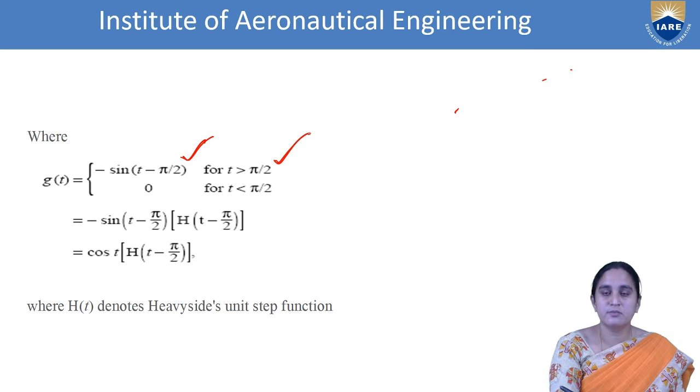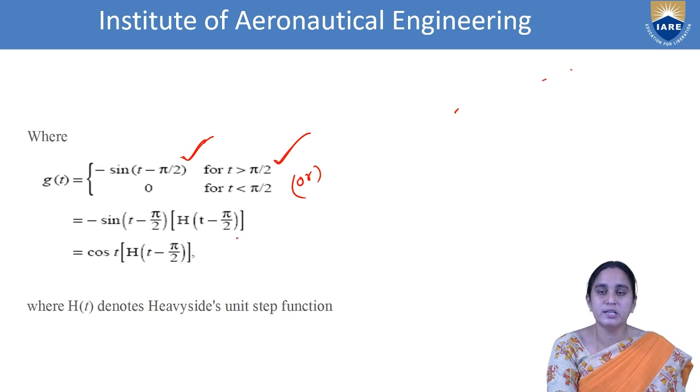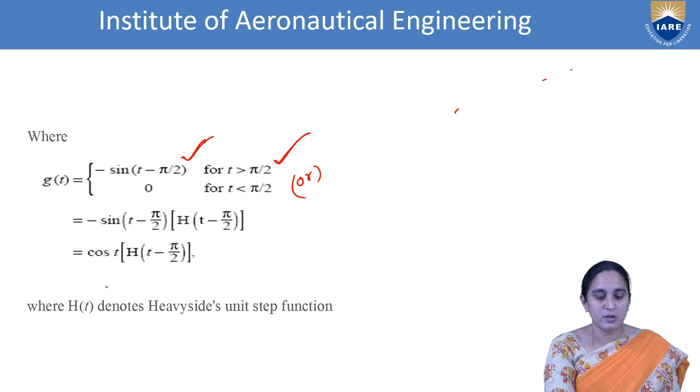Okay, this is the answer for the first question, or simply write that as minus of sin of t minus pi by 2 into h of t minus pi by 2. What is h of t minus pi by 2? That is the unit step function. Up to here is also a correct answer. Otherwise, write this step also.